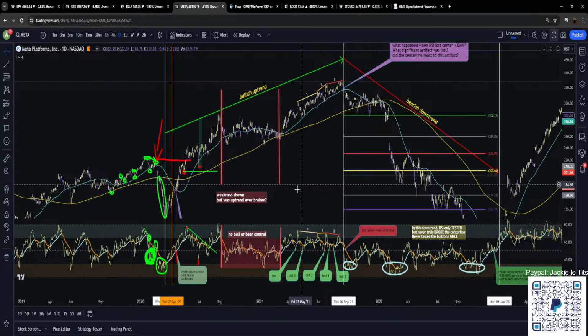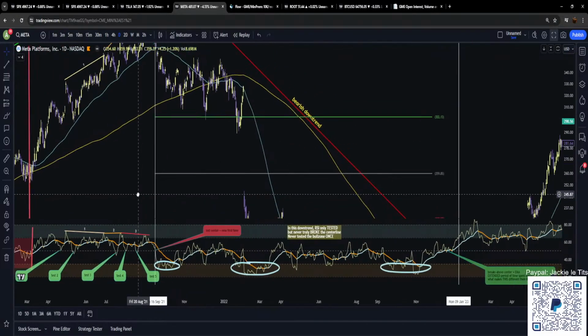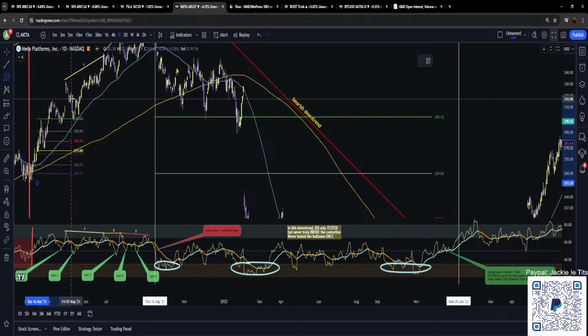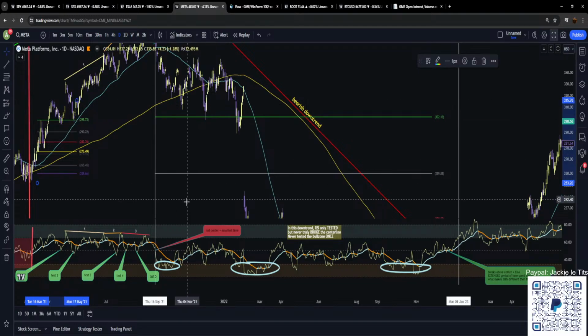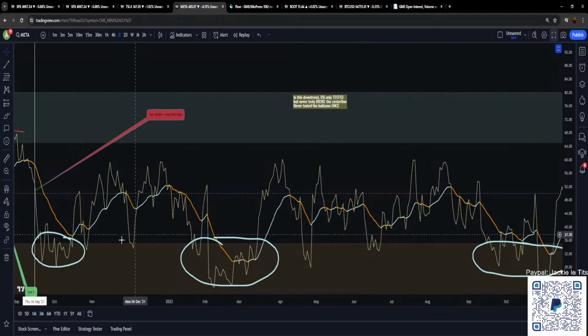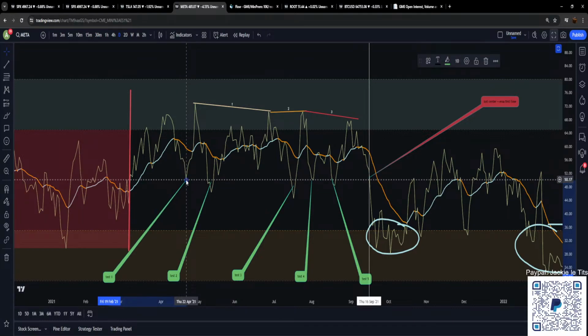This is where things get really fun. If we take a Fibonacci from this low to this high, and we draw that to the top, look at how the RSI on test number 1 made a perfect touch of the center line. Perfect touch, confirmation of a bullish trend.